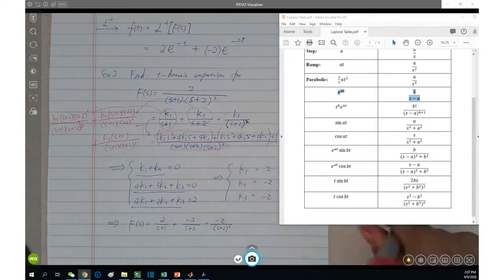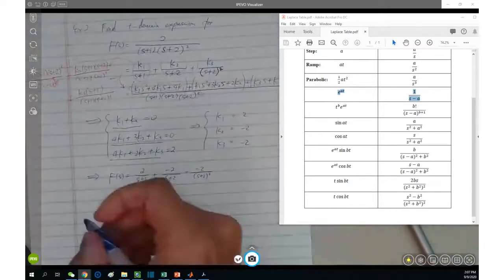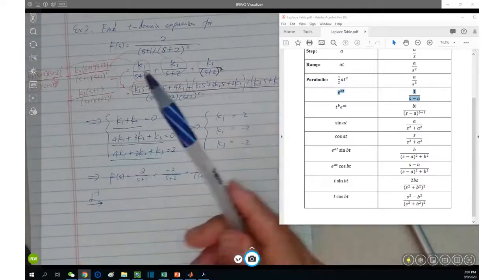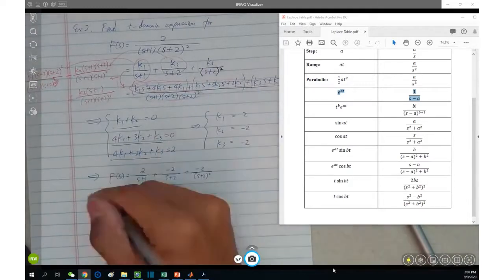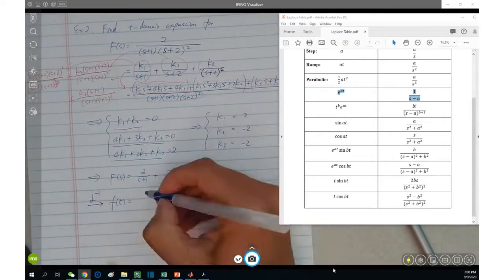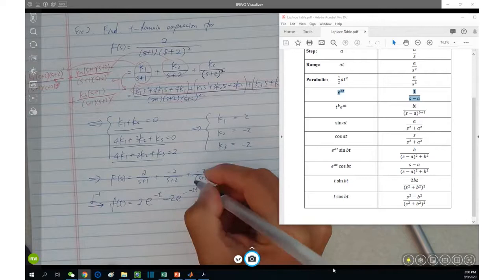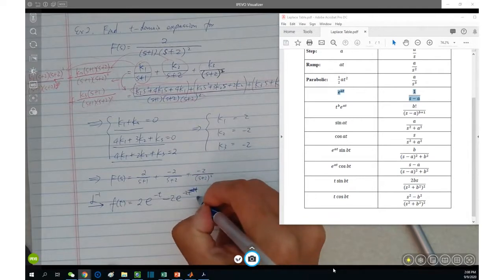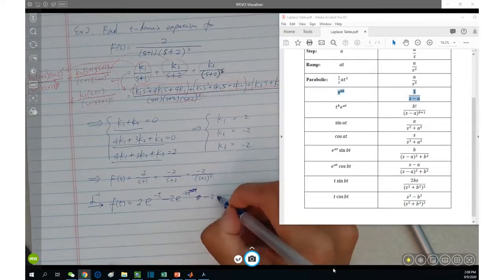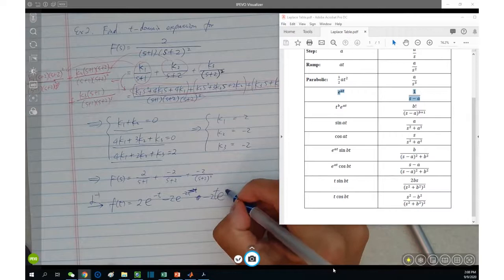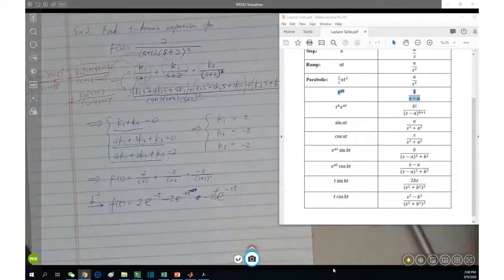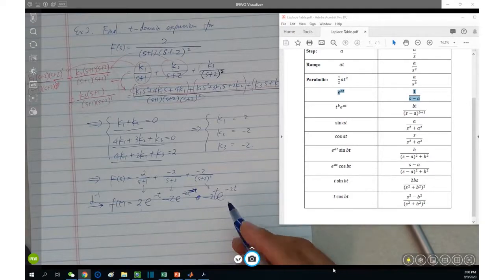All right. So this middle step, and then further by conducting the inverse Laplace transform, which means we need to go to this table, and then f of t just equals 2 times e to the negative t, minus 2 times e to the negative 2t, minus 2 times t times e to the negative 2t.